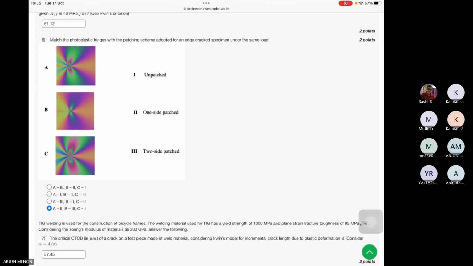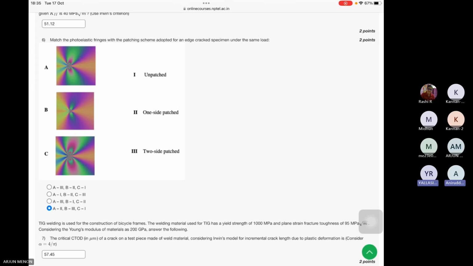The only thing is that it is in micrometer, so you have this 57.45, it will be times 10 power minus 6. We have to be careful with the units here, it should be in micrometer.